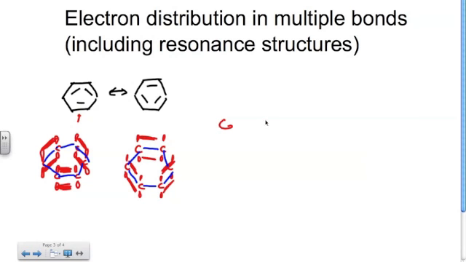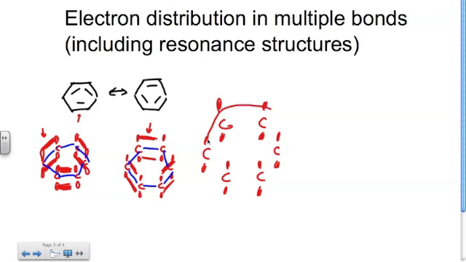So if I draw this again, one more time, what really happens is if we have all these p orbitals, the electrons become delocalized. Instead of electrons just hanging out here in that double bond, or deciding to hang out here in this double bond, the overlap happens all the way around.